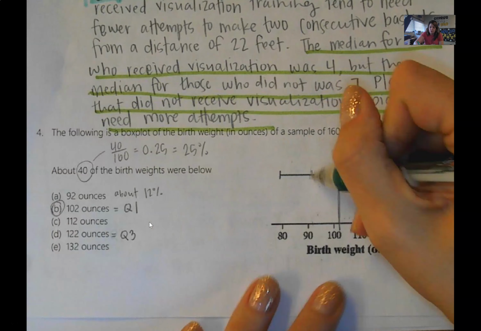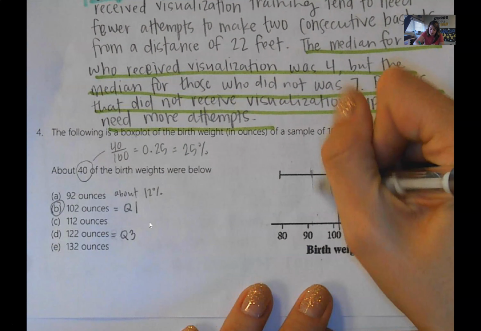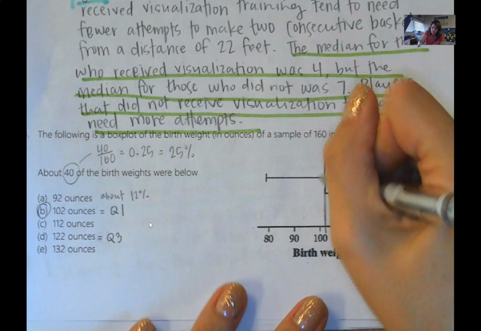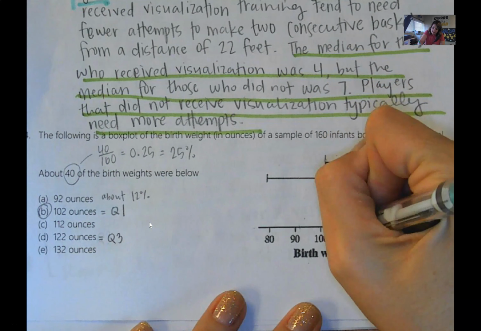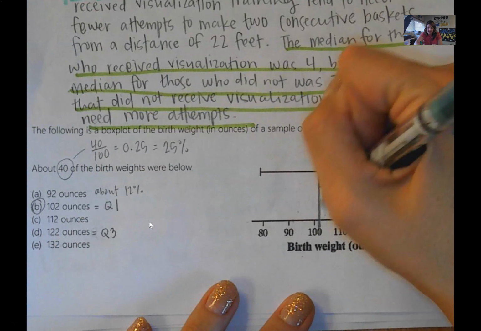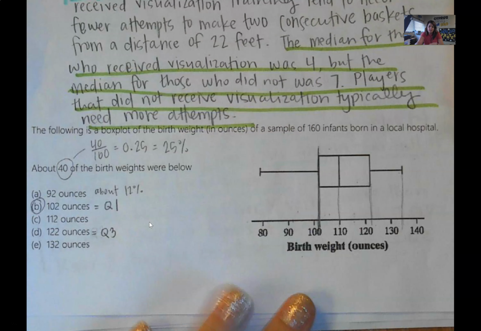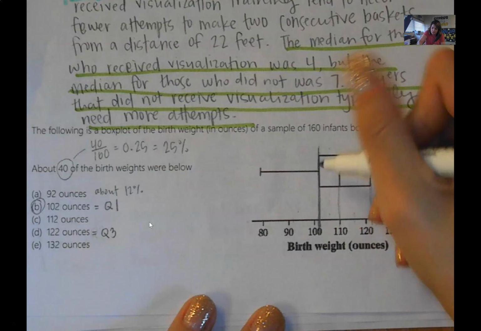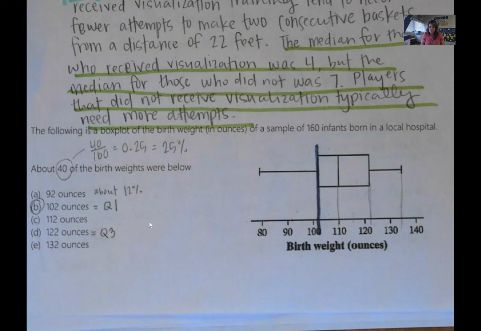Well, the first quartile, sorry, I don't know why I have that marked. The first quartile is this right here. So if I drag the first quartile down, what I am seeing is that it's just over 100.